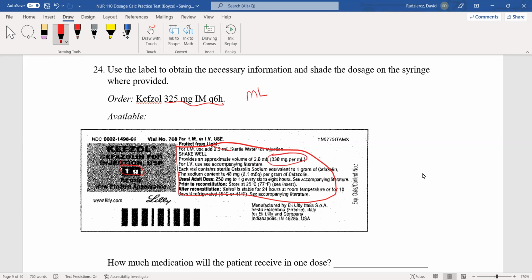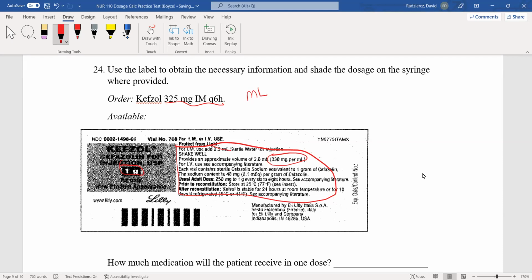That's the concentration that you would use for solving this problem. That's your available. And then it tells you some other information about intravenous use. So if this were an IV question, you might want to look at some of these things, but for at least the questions that I've seen on this, it's more the intramuscular version.